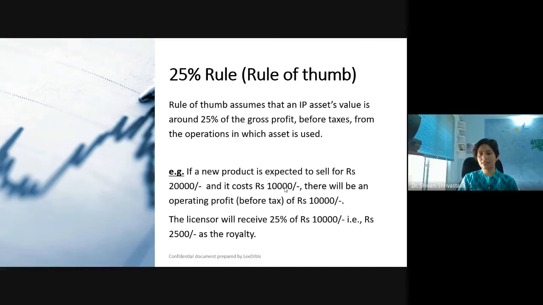Then it can be considered that the profit before tax is 10,000, because when we are commercializing the product there are taxes involved, but in this rule the tax is not considered. So the gross profit or operating profit is 10,000. If we say the licensor should get 25% of this 10,000, that is 2,500 as the royalty.